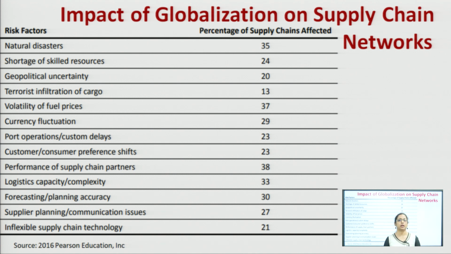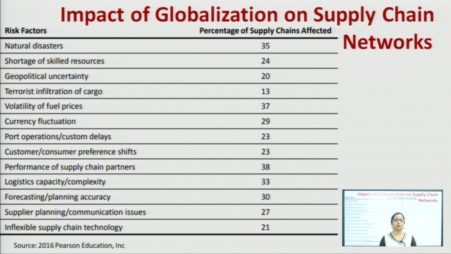As you can see, natural disaster has 35% impact, shortage of skilled resources has 24% impact, geopolitical uncertainties lead to 20% impact, and terrorist infiltration of cargo, that means people with bad intention leading to theft or damage to the cargo, is also one factor leading to 13% impact on the supply chain.